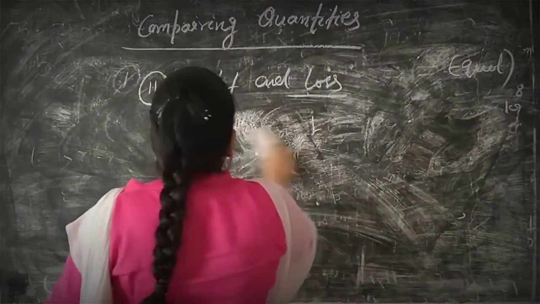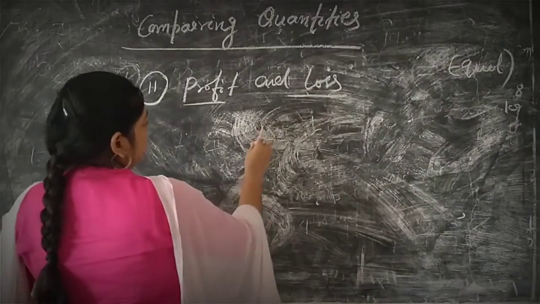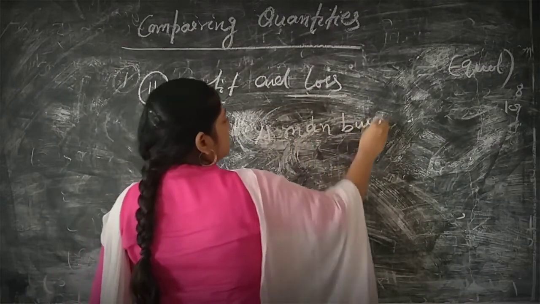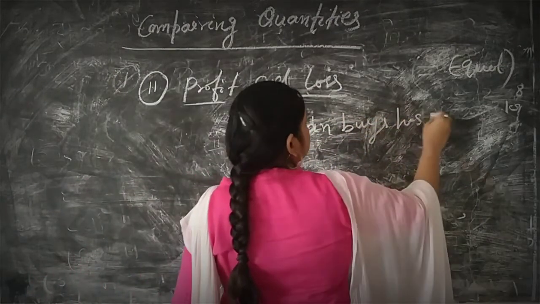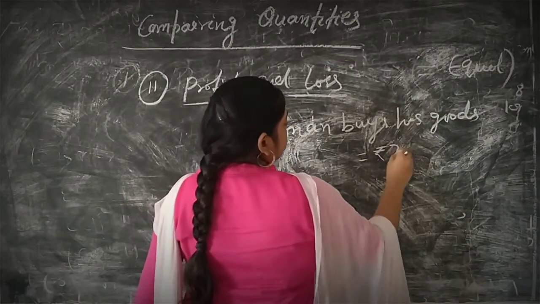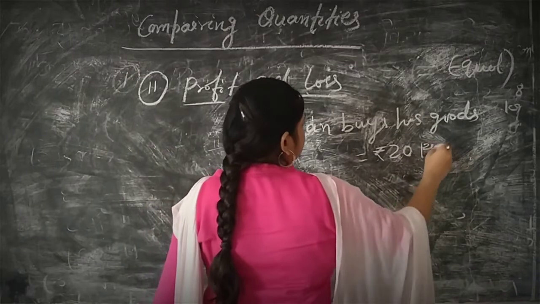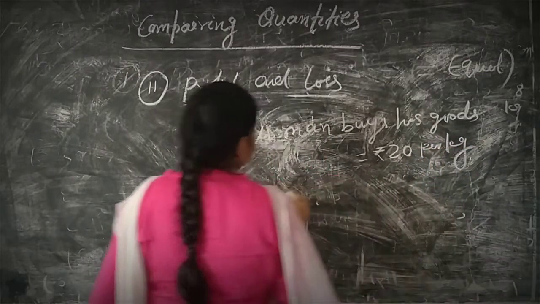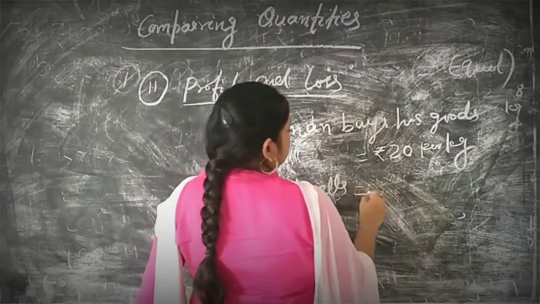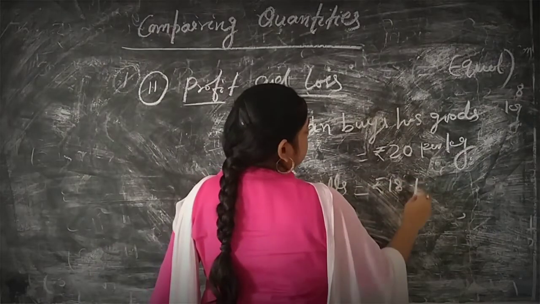For example, a man buys goods at rupees 20 per kg and sells at rupees 18 per kg.